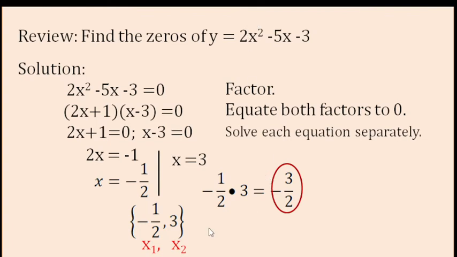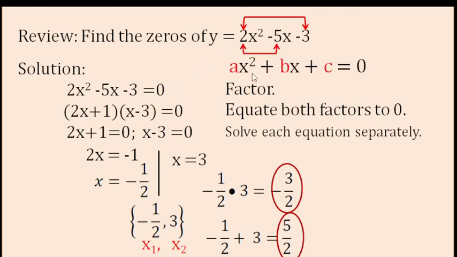And also, if we add the two zeros, negative 1/2 and 3, the sum is 5 over 2. This 5 over 2, if we observe, is just actually the opposite of the coefficient of the linear term over the leading coefficient.